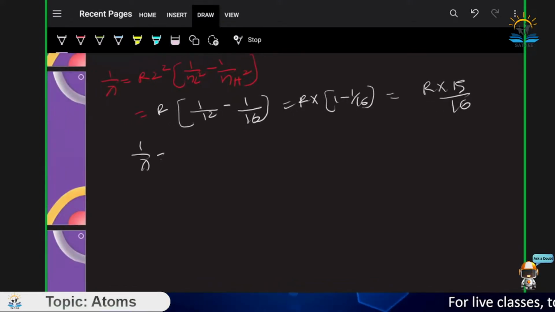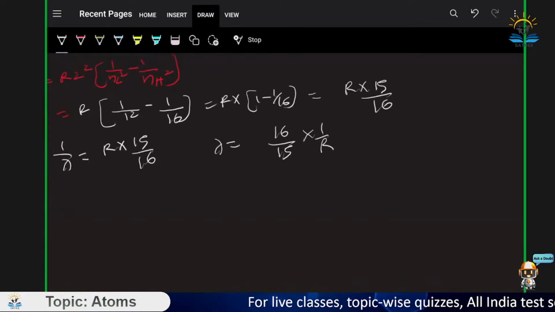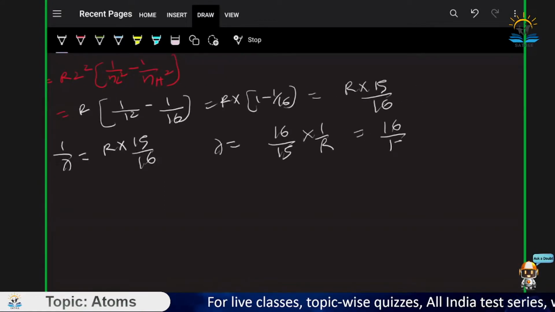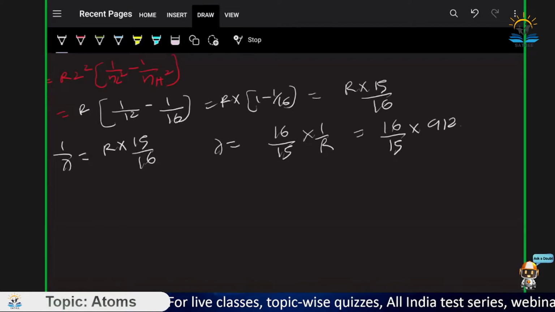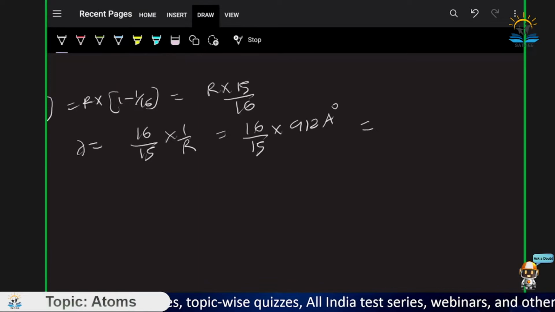So 1 by lambda is R into 15 by 16, and lambda will be 16 by 15 into 1 by R. You know 1 by R is 912 angstrom.